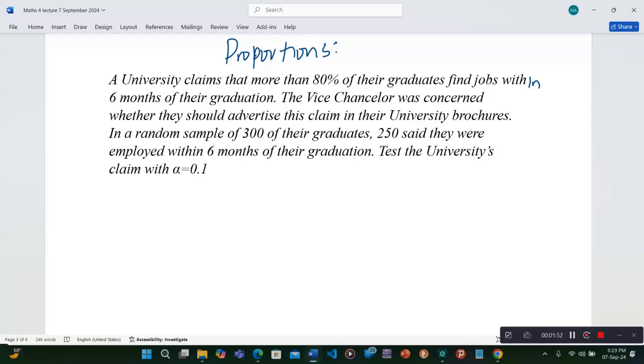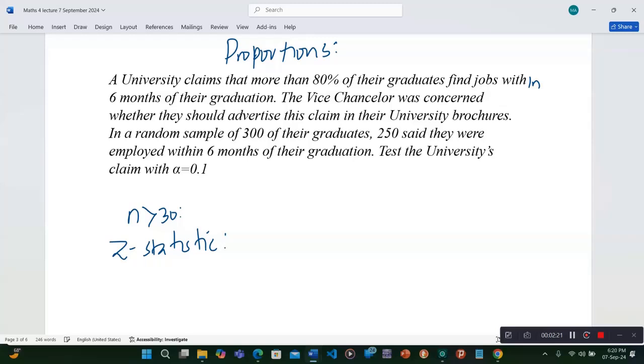How do we test that? If n is greater than 30, then we use a Z. If n is less than 30, then we use a T. But here we can see that n is greater than 30, and therefore we are going to use a Z-statistic.